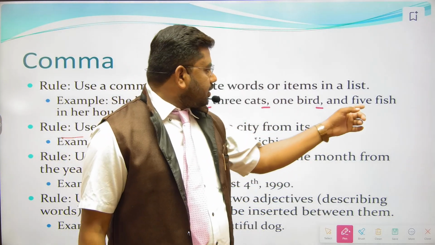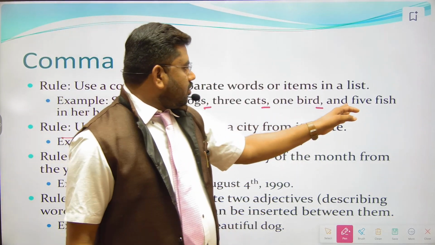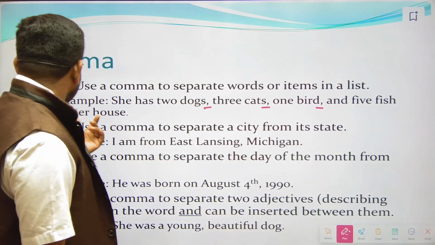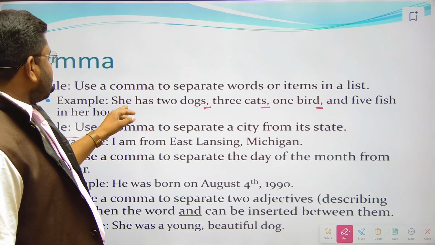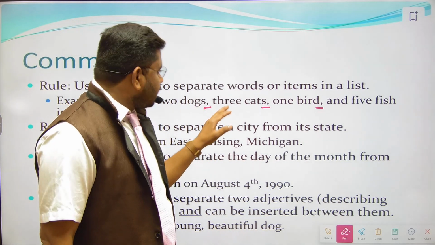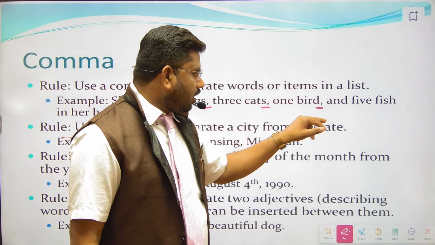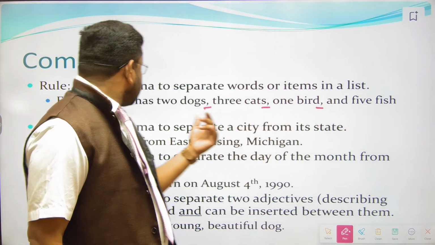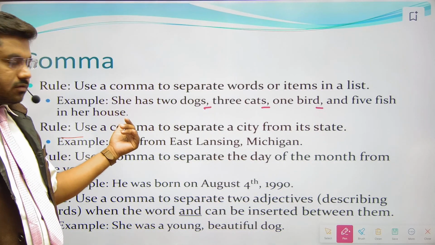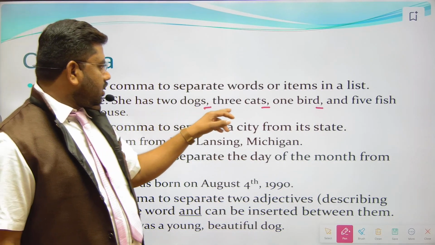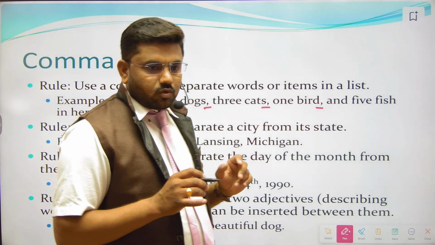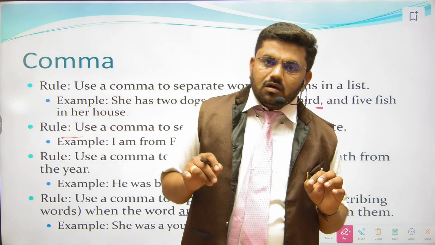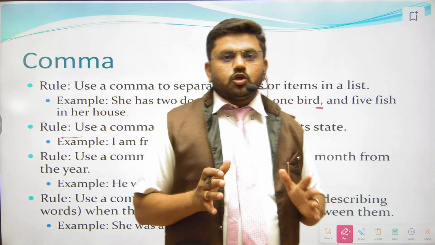And 5 fish in her house. Now see, she has 2 dogs, 3 cats, 1 bird, and 5 fish in her house. So we have given little commas here, and that is a punctuation mark.